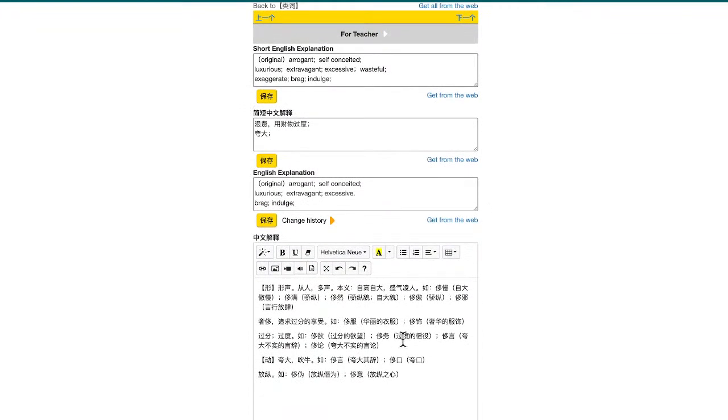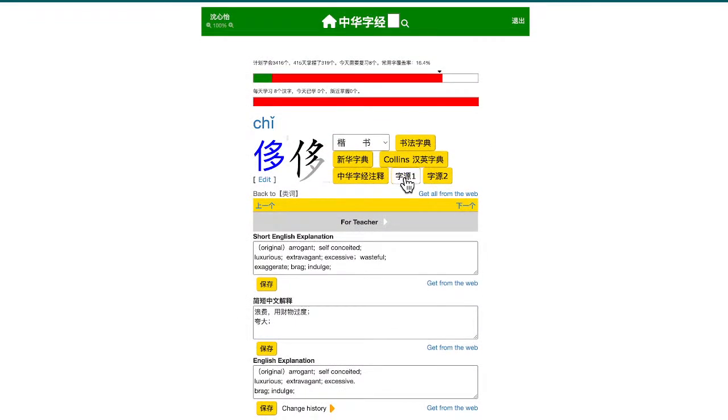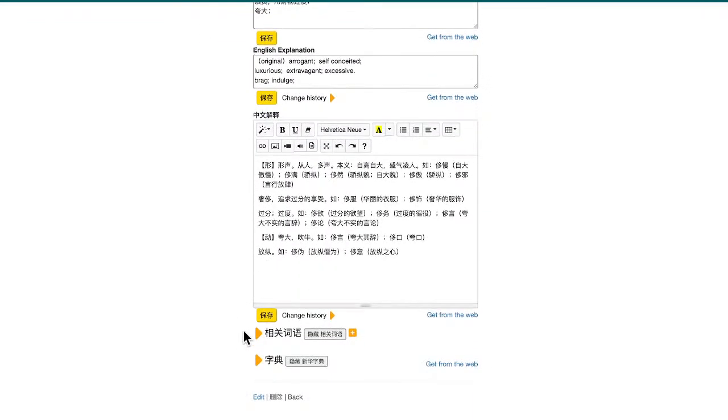And so you can see the emphasis is on unreasonably excessive. Okay, excessive. It's bigger, higher, more expensive, beyond reason. Okay, so that's the meaning. Okay, 侈. And so related words.